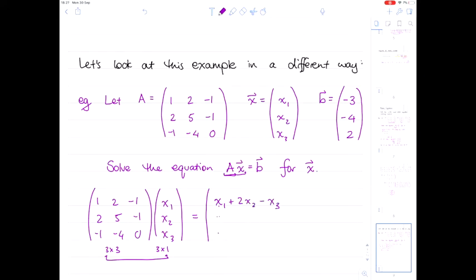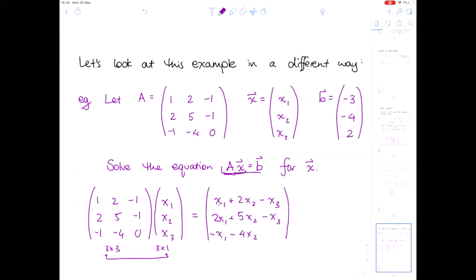My second entry would be 2x1 plus 5x2 minus x3. And my third entry would be minus x1 minus 4x2 plus 0x3. And given that we have the equation over here, this is equal to b, this has to be equal to minus 3, minus 4, 2.